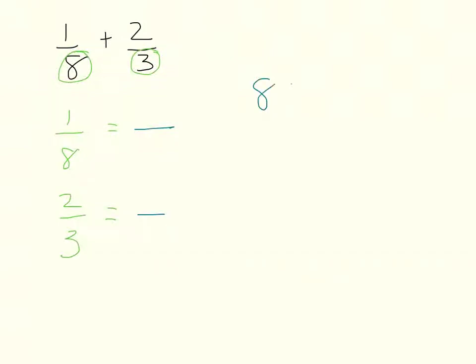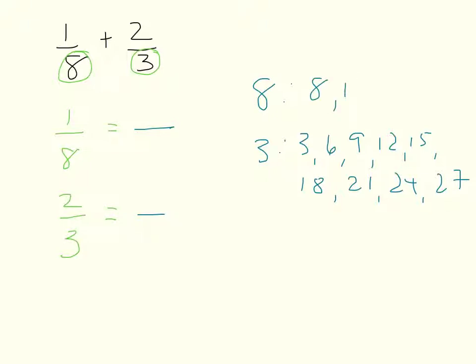I could make a list if I wanted: for 3, I have 3, 6, 9, 12, 15, 18, 21, 24, 27, etc. And for 8, it's 8, 16, 24, and I can see right away that I have a 24 here and a 24 here. Or a lot of you, I think, would probably say on that problem that you could just tell that 8 and 3 both go into 24, which is fine.